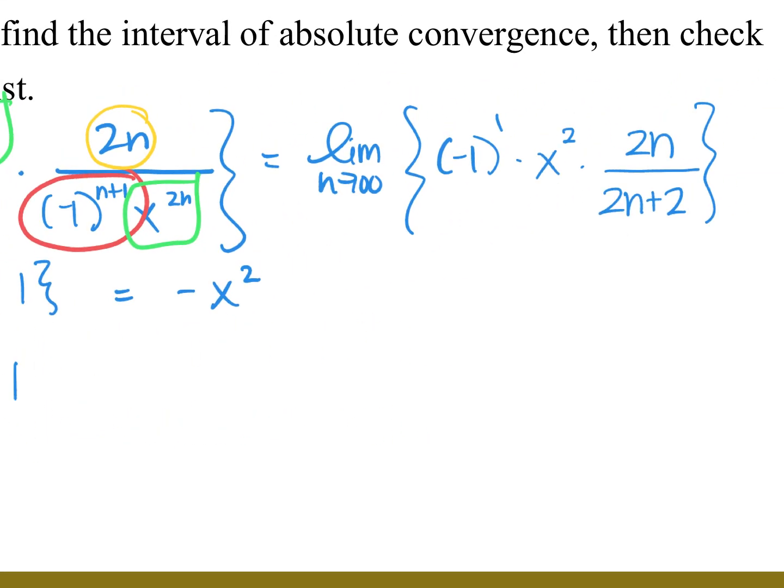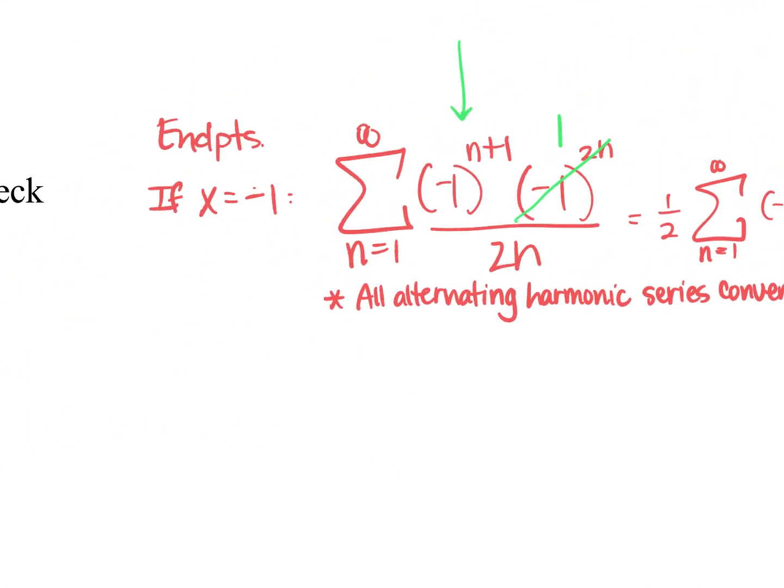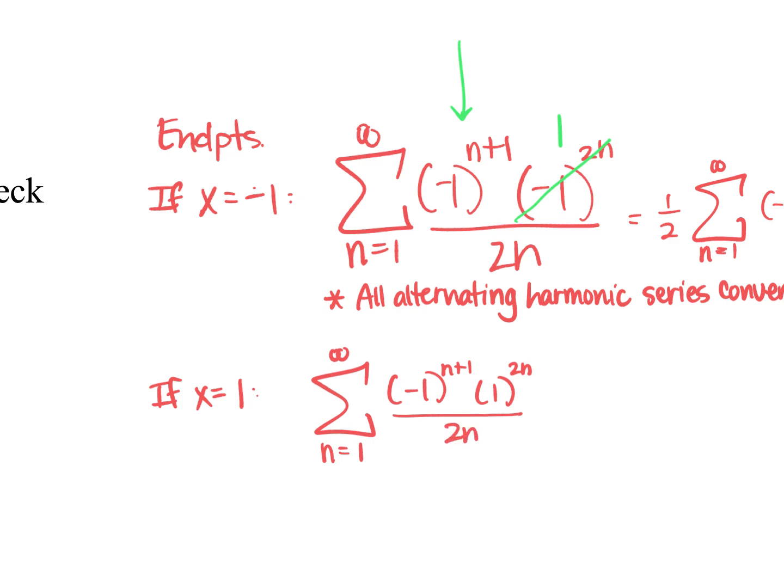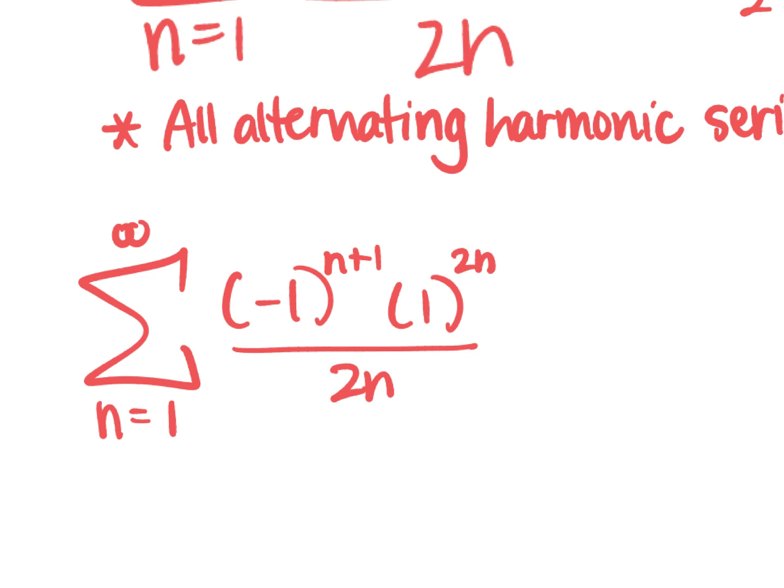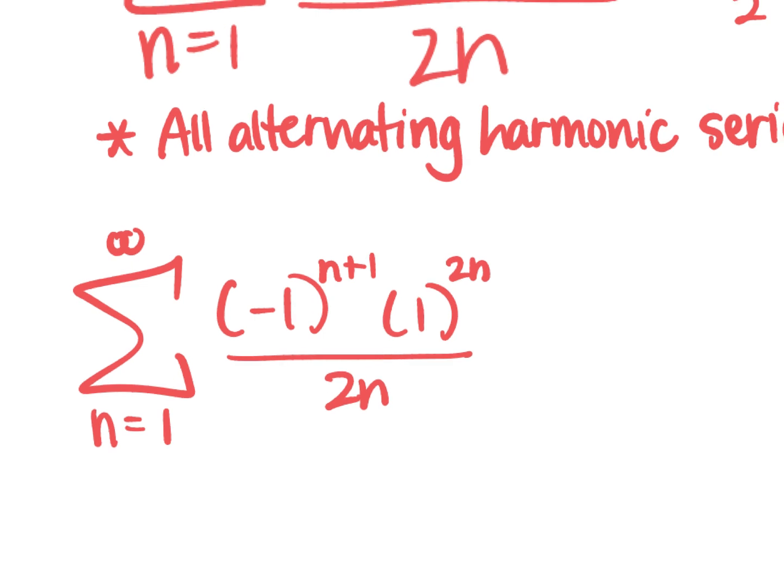All right, well, let's check that. So let me slide back over here. If x is equal to +1, then what happens? So start over. If x itself is equal to +1, I get -1 to the n plus 1 times +1 to the 2n over 2n. And I check this out. What happens to this?